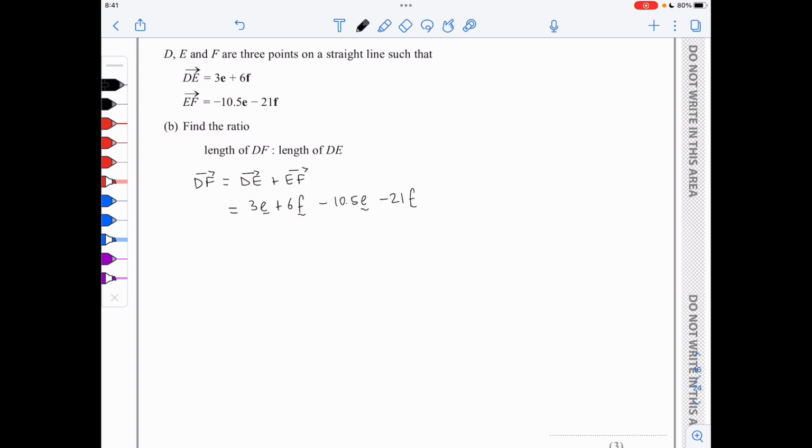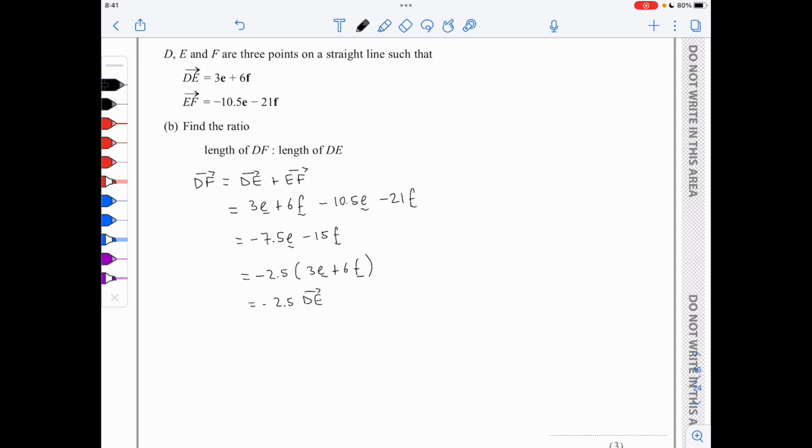So this leads to minus 7.5E minus 15F. So I can factor out the minus 2.5, and I'm left with 3E plus 6F in the brackets. So this is minus 2.5 times the vector DE.